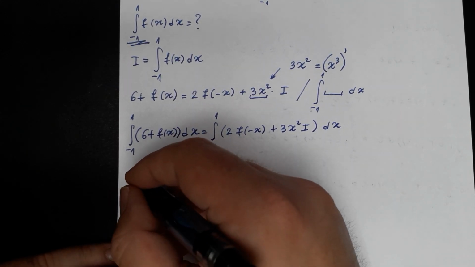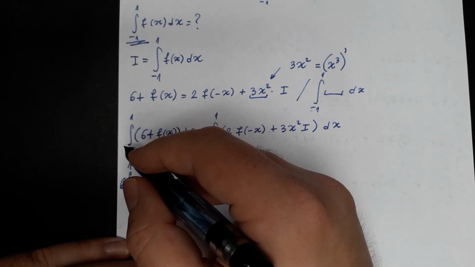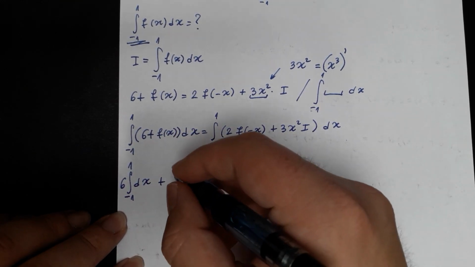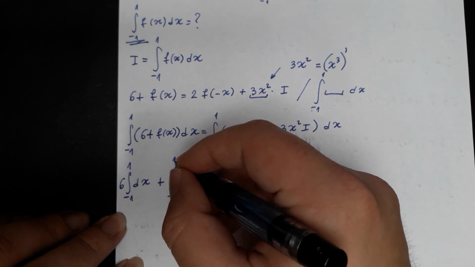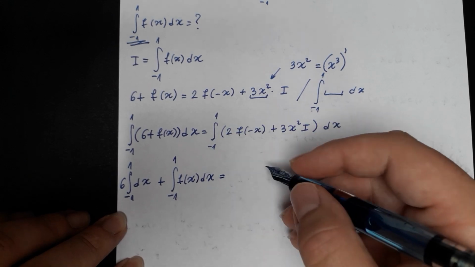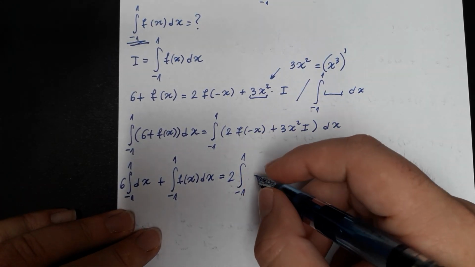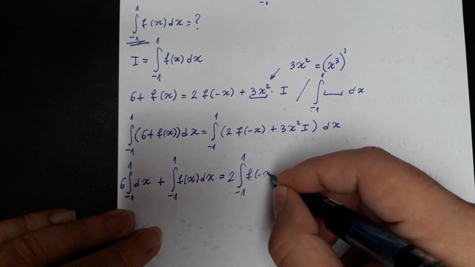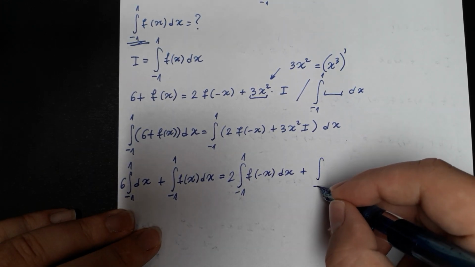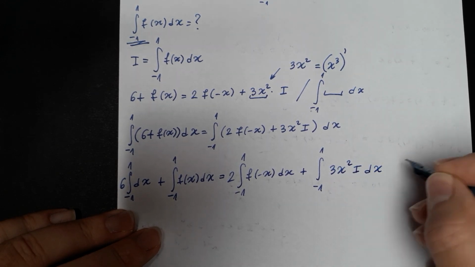Now this is going to become the integral from -1 to 1 of 6, which can get outside of the integral as a constant, and dx remains, plus the integral from -1 to 1 of f(x) dx, and that is then equal to 2 times the integral from -1 to 1 of f(-x) dx plus the integral from -1 to 1 of 3x squared I dx.